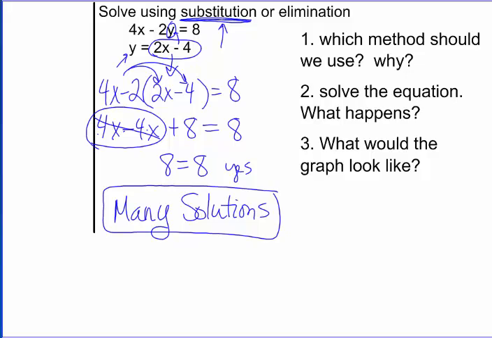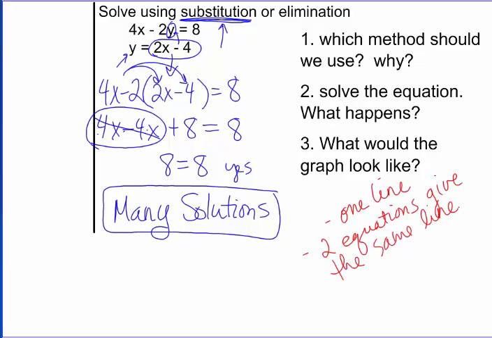What do you think the graph's going to look like? So remember back to our graphing lesson where we had some graphs that did give us many solutions as our answer. So what did those graphs look like? What that graph looked like is just one line on the graph. The two equations above give the same line.